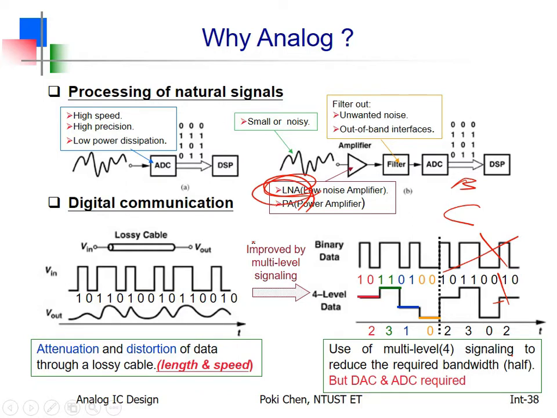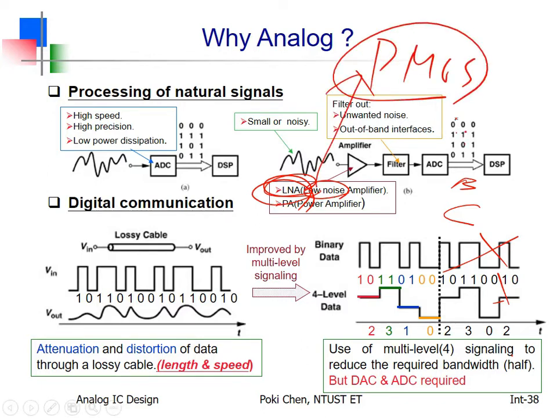Low noise amplifiers. However, if you would like to achieve such low noise, for CMOS technology you had better use PMOS. Why? Because NMOS is much noisier than PMOS. But why?